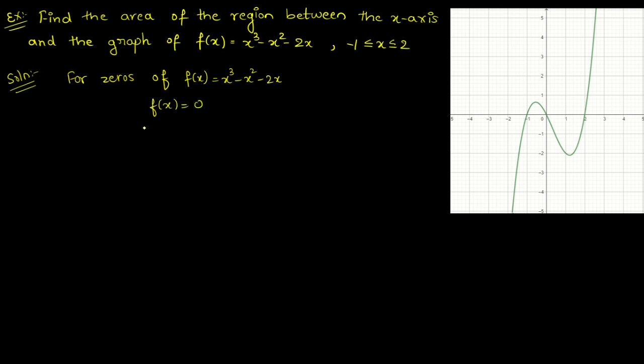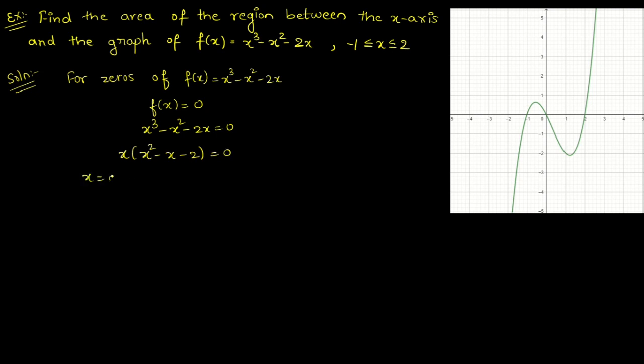So x cube minus x square minus 2x equals 0. We simplify this equation, and we can see x is common everywhere. Taking x common, we get x times x square minus x minus 2 equals 0.